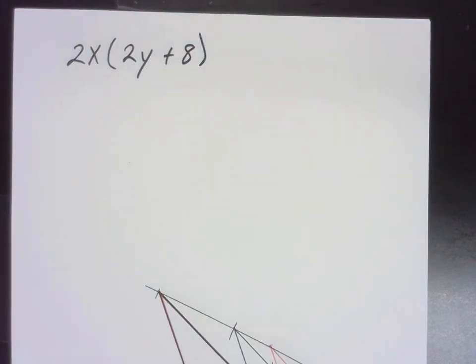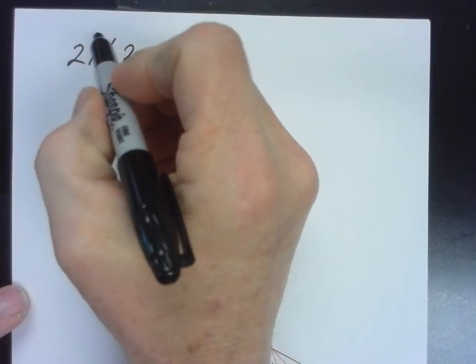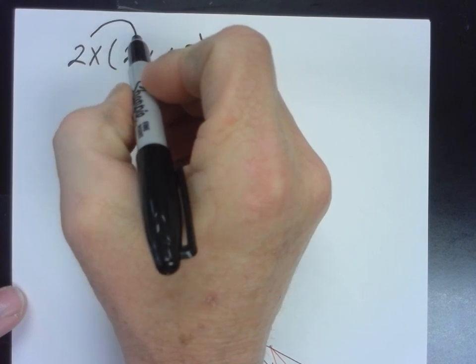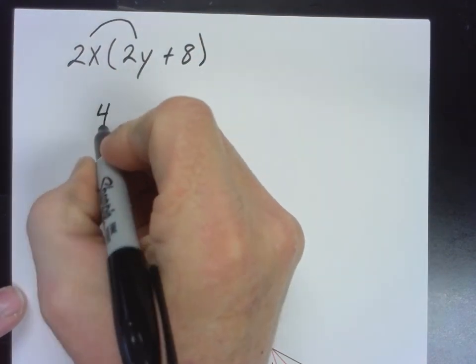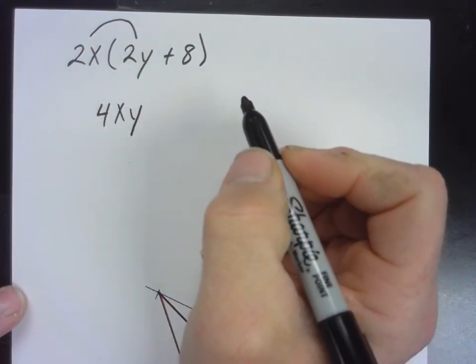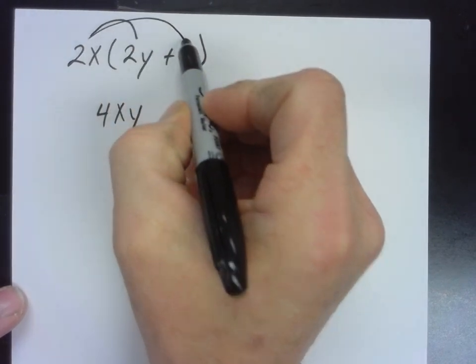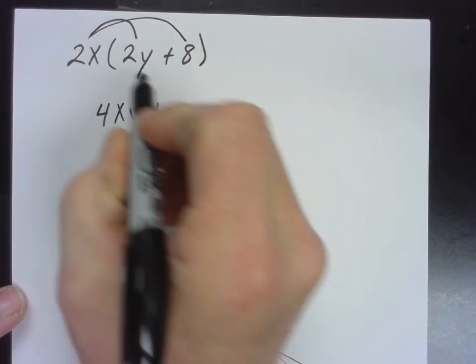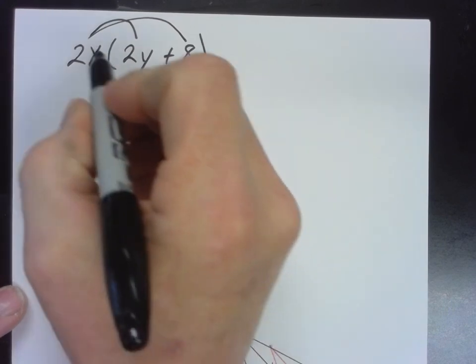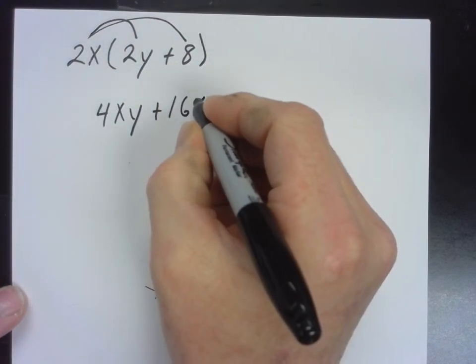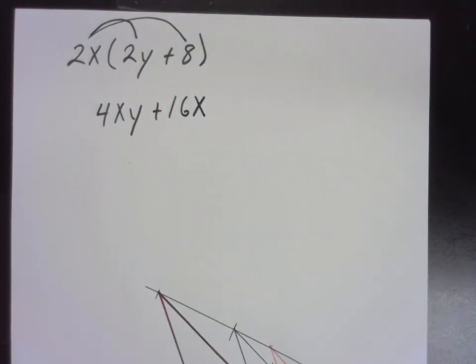We said 2 times x times 2 times y is 4 times x times y. And 2 times x times 8, that would be 2 times 8 is 16 times x. So we never actually multiply by x, we just say we're going to eventually when we figure out what x is, right? Okay, and so we end up with this right there.